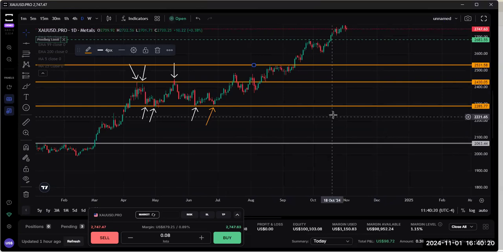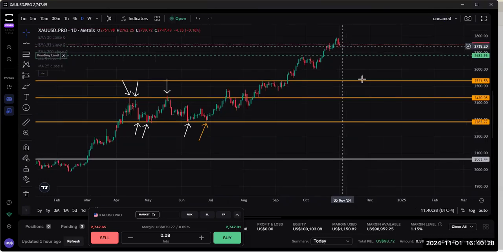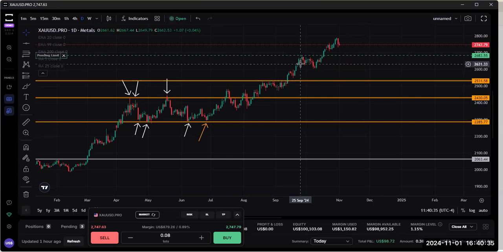Price respected that zone. So if for any reason price were to come back down, if it got there, I would expect it to hold. Let me look for another area on the daily time frame now that I would consider to be a support area or a resistance area.